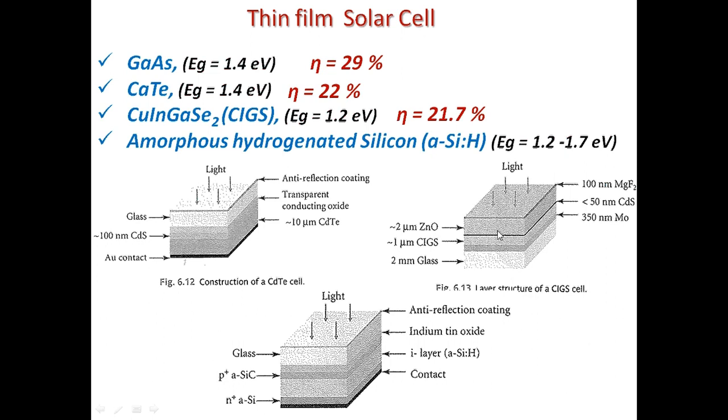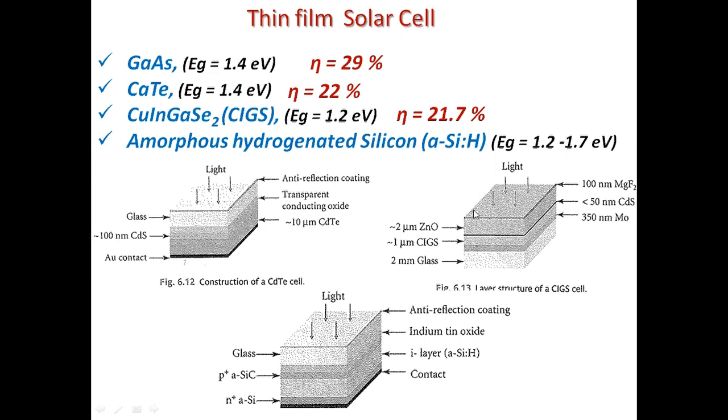Okay, and to form a PN junction you deposit again 50 nanometer of cadmium sulfide. Then there is a ZnO layer which works as a transparent conducting oxide, and above it there is 100 nanometer of magnesium fluoride, and magnesium fluoride is a very good anti-reflecting coating material. So whenever there is an anti-reflection coating, mainly this magnesium fluoride is used.